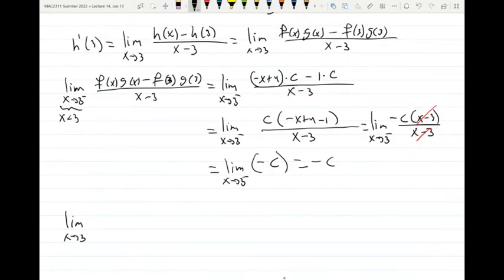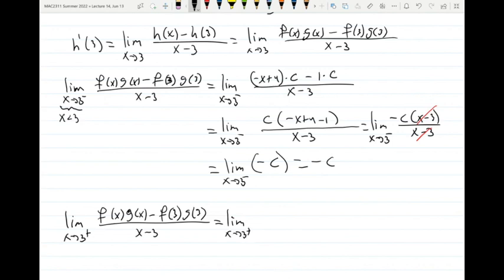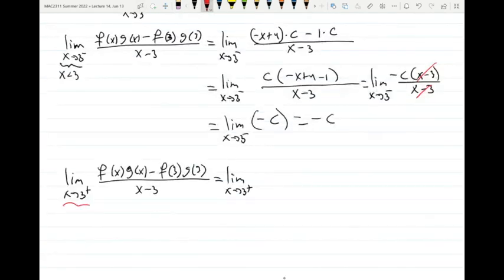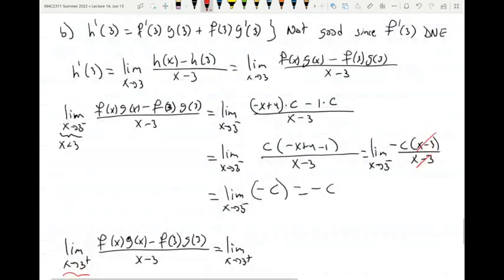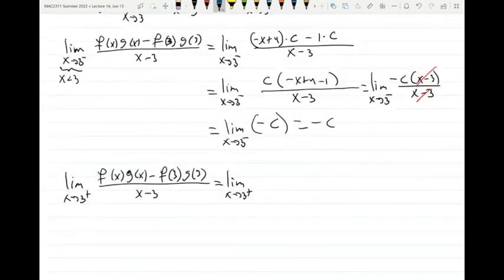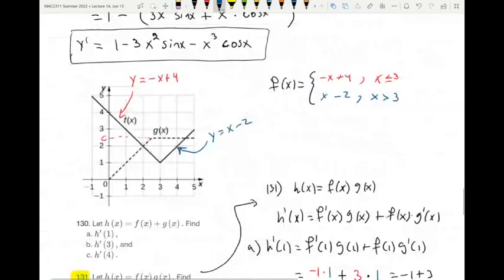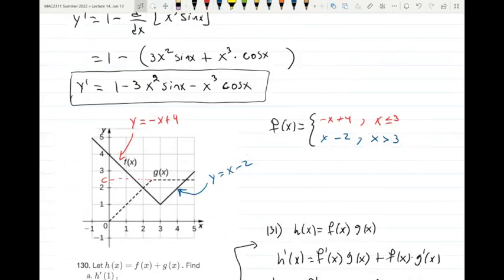So the limit as x approaches 3 from the right of f of x times g of x. In this case, remember, x is bigger than 3. Because x is bigger than 3, we should be using the blue formula, the second piece, x minus 2, because this time we are to the right of 3.